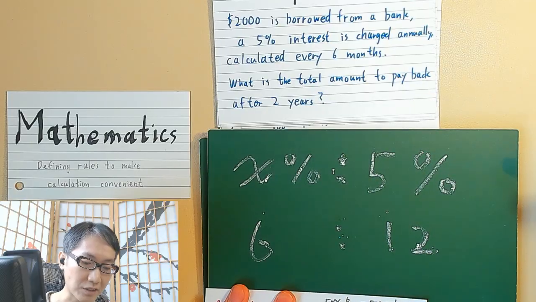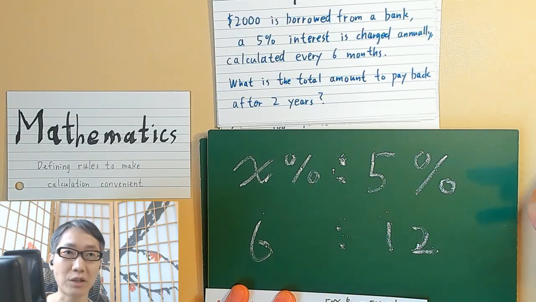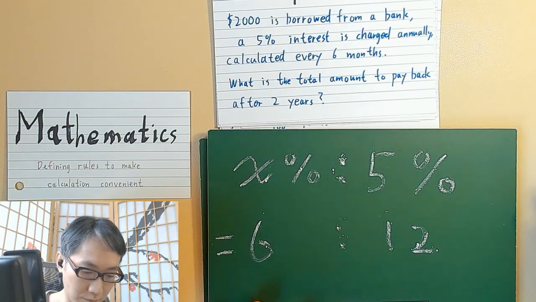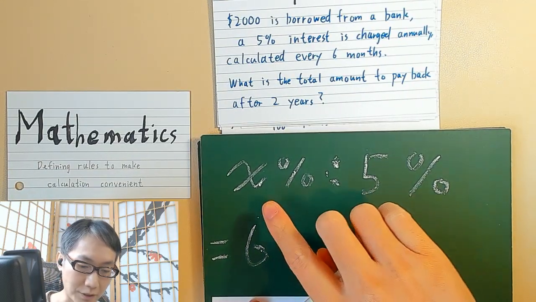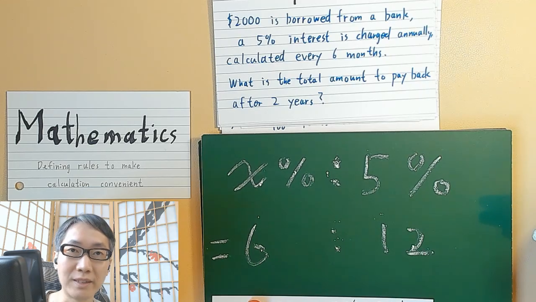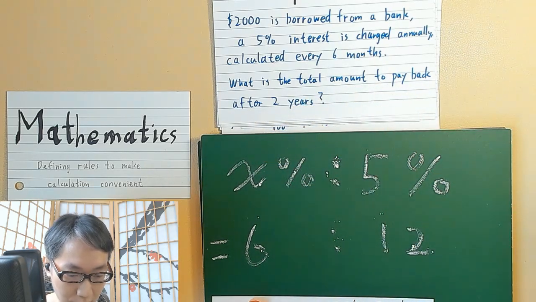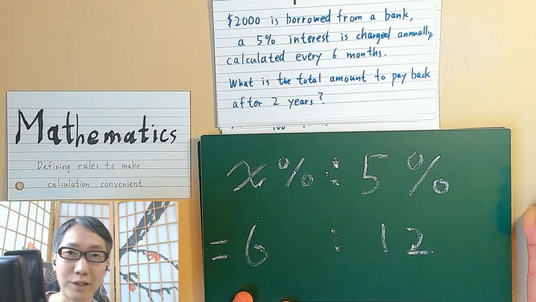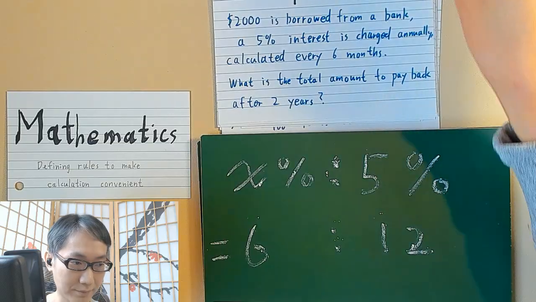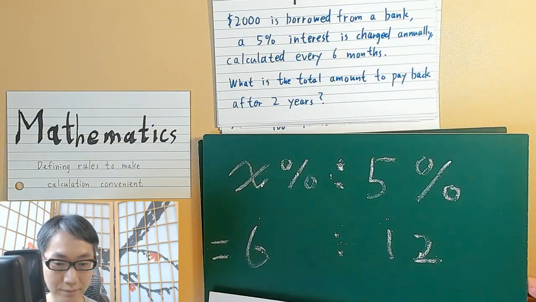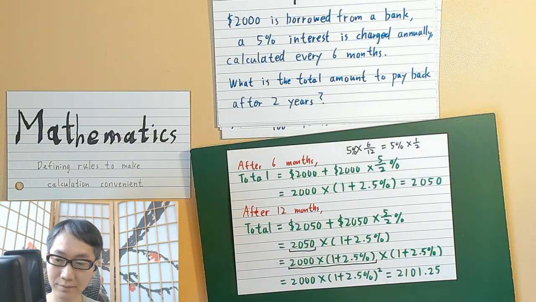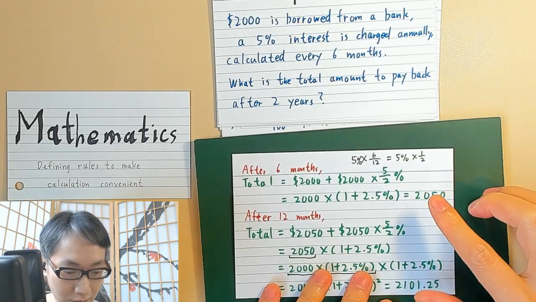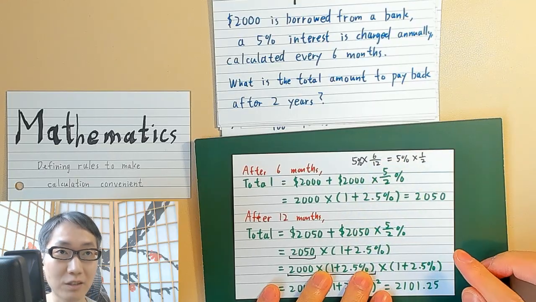So X should satisfy this ratio. These two ratios are the same ratio. So by inspection, X is 2.5%. Because 6 is half of 12, X will be half of 5. And that's why it is 5 over 2% here. Or we can do 5% times 6 over 12.